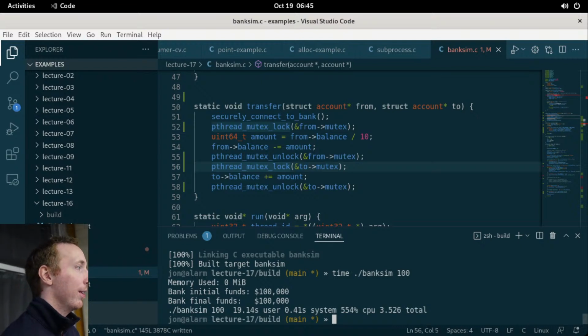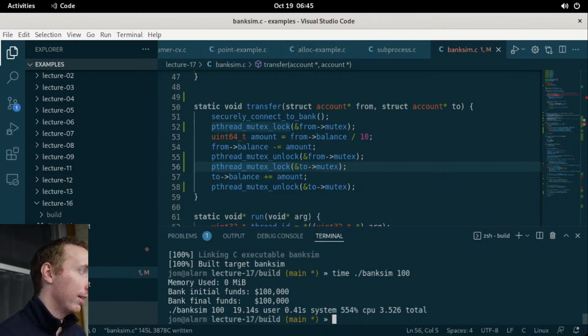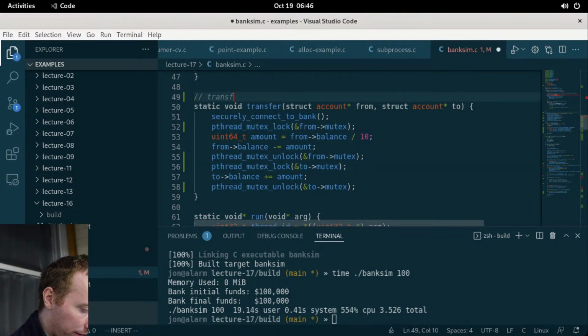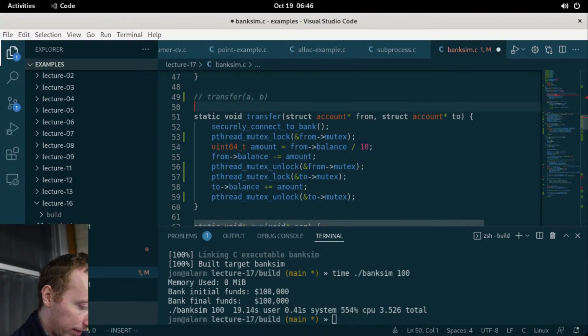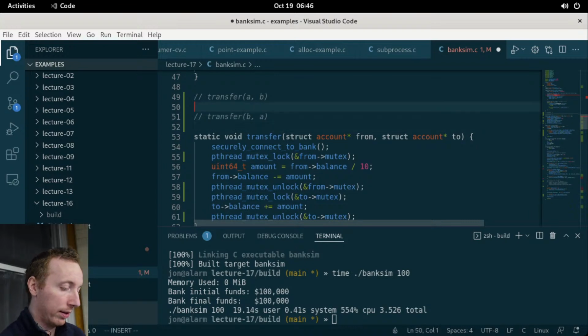Like if a thread just accidentally gets the same pair of from and to, and some of them are holding from and waiting for to, and some of them holding to and waiting for from. Is that a possibility? So, I mean, there's a possibility that we have transfer B to A and then transfer A to B. But is there a deadlock in this case?